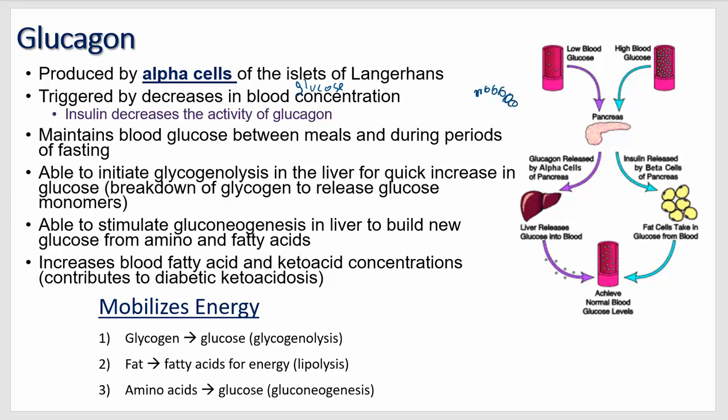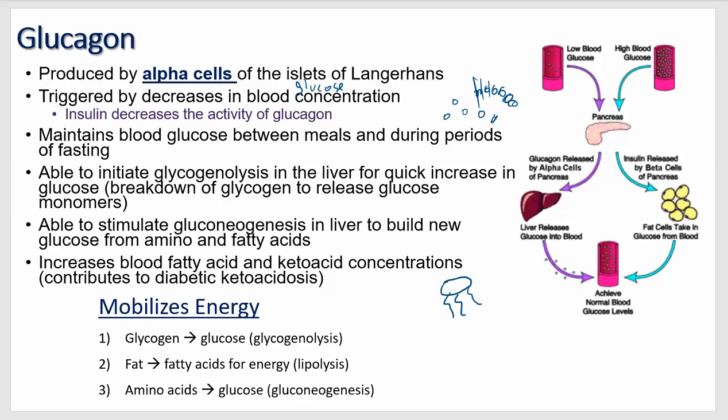It says, oh, time to cut those down and release those individual glucose molecules, so we can use those to make ATP. To build new glucose, it stimulates gluconeogenesis from amino acids and fatty acids, and increases blood fatty acid and keto acid concentration. So we're breaking down fats now.